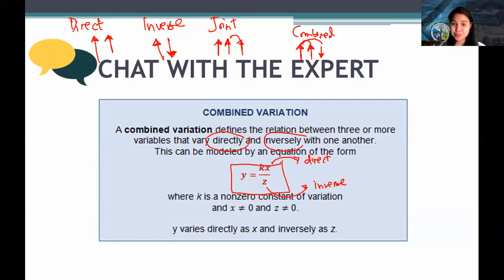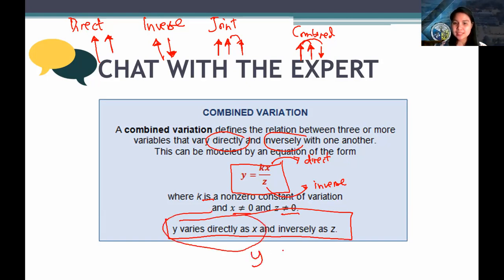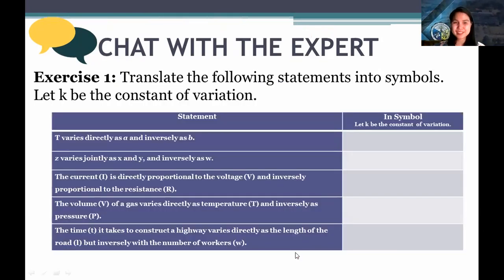And k should be non-zero, and x and z should not be equal to 0. Now, example, y varies directly as x. We write the first one. y equals kx. And inversely as z, so over z. Let's have some examples.